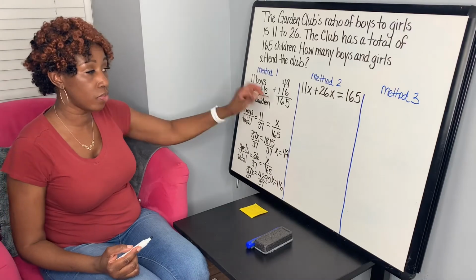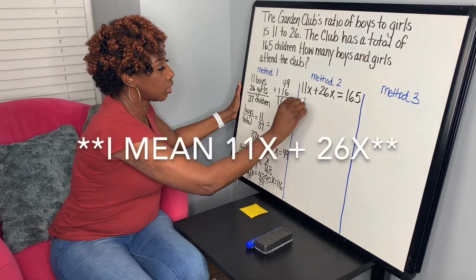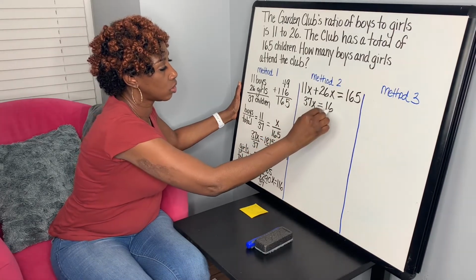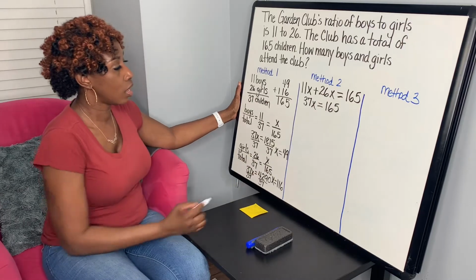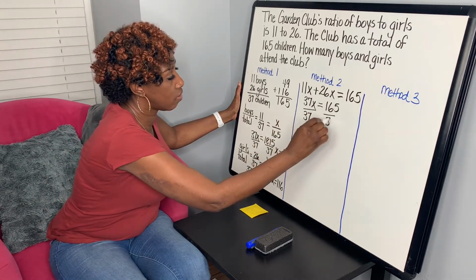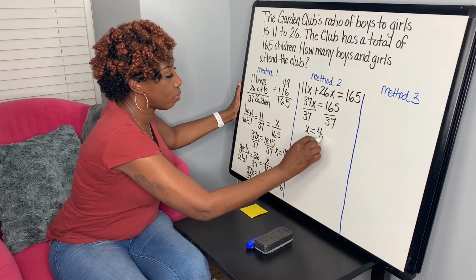Then I'm going to solve this equation for x. So 11x plus 26x is 37x equals 165. If I solve this equation by dividing both sides by 37, I'm going to get x equals 4.46.